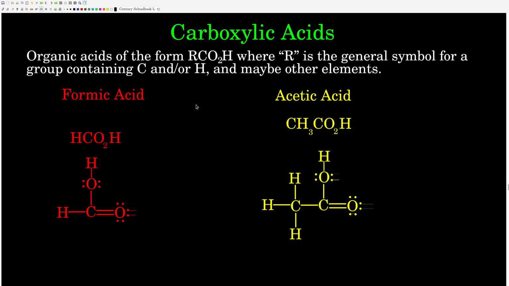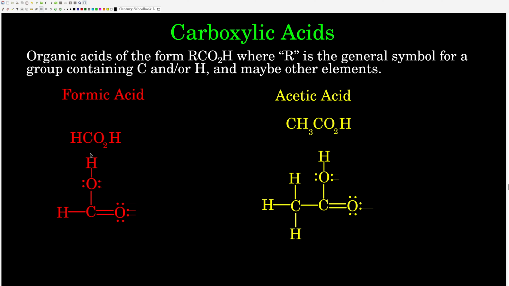And so let's just look at two carboxylic acids, formic acid and acetic acid. Formic acid is secreted by ants when they bite you. And acetic acid, well, dilute acetic acid is vinegar. Or it's like if wine goes sour, it's because the ethanol is oxidized to acetic acid.